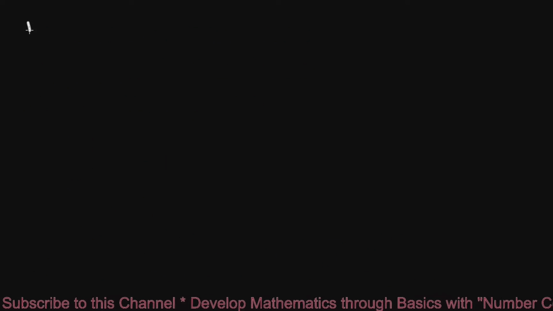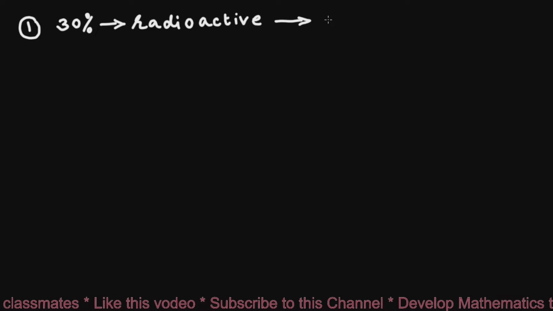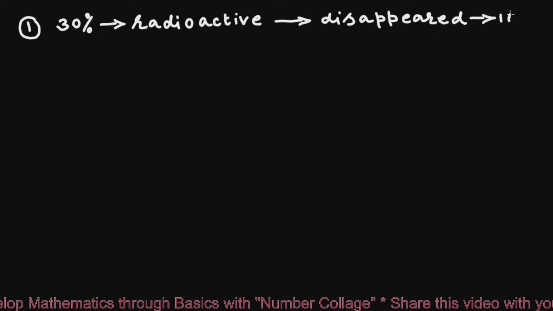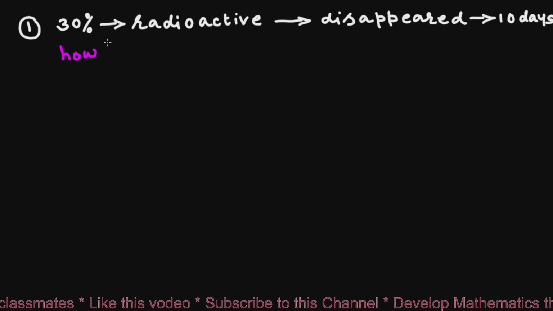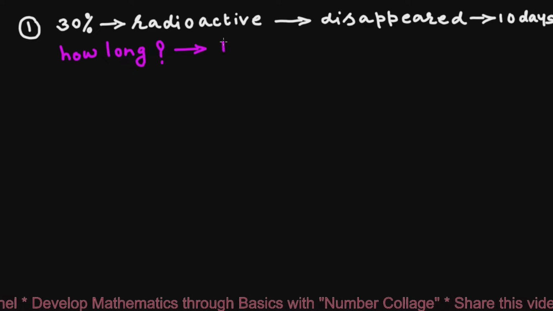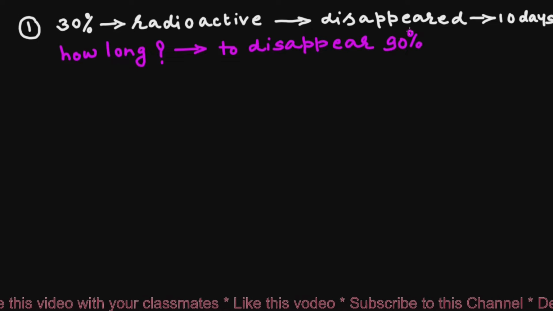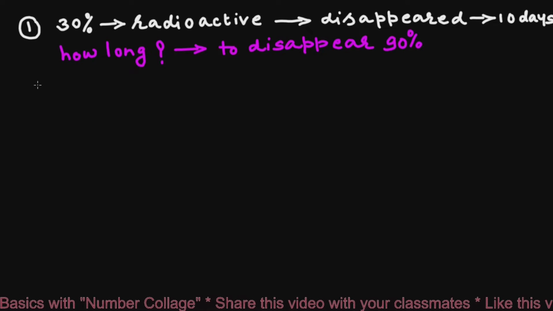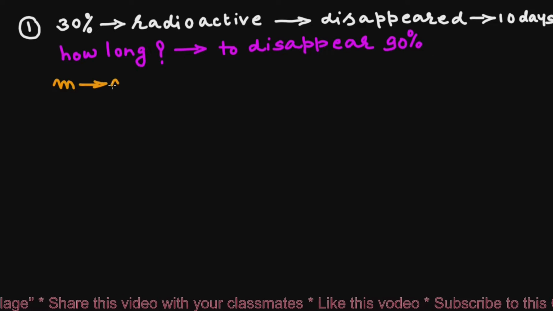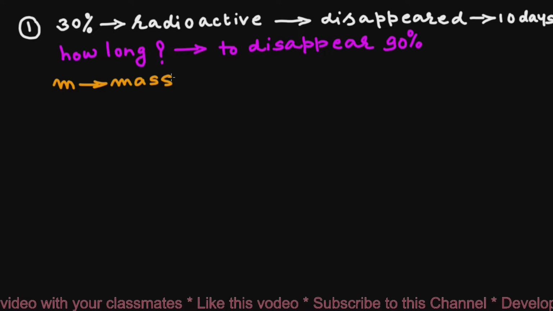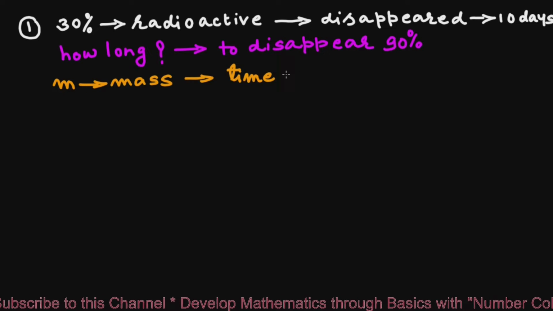In the first problem, it is given that 30% of a radioactive substance disappeared in 10 days. We have to find how long it will take for 90% of the radioactive substance to disappear. Suppose m is the mass of the radioactive substance at time t.